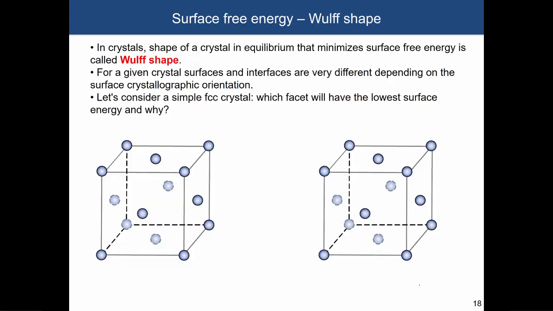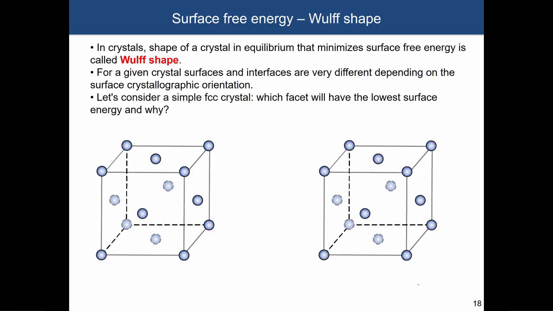So just to give you an example of the Wulff shape construction, we will go through an example of an FCC crystal. So we basically have to understand, if you have a certain surface within the crystal, how many dangling bonds are broken and how many atoms are in that particular surface area.